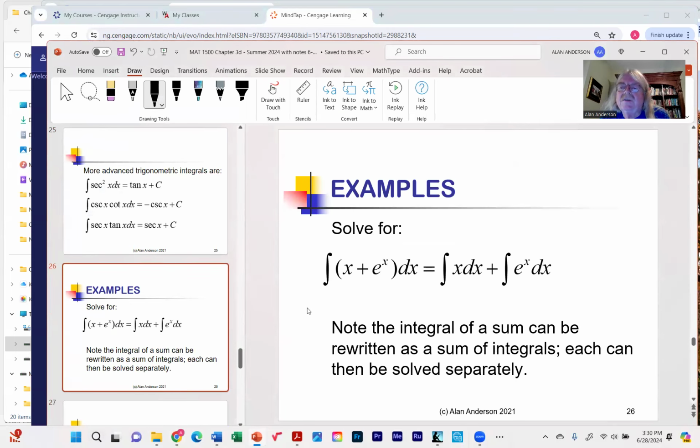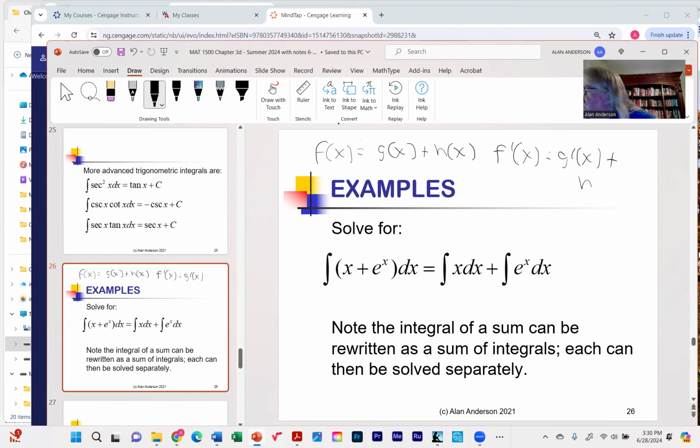Now here's an interesting result. You remember the sum rule with derivatives. If you have something like this, so something similar is happening here.